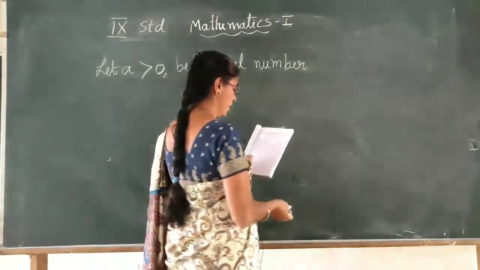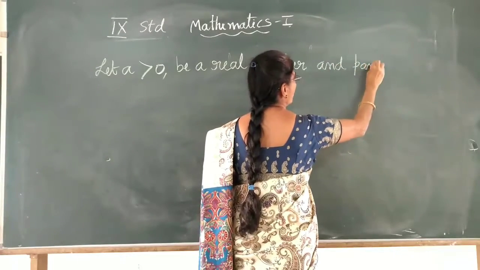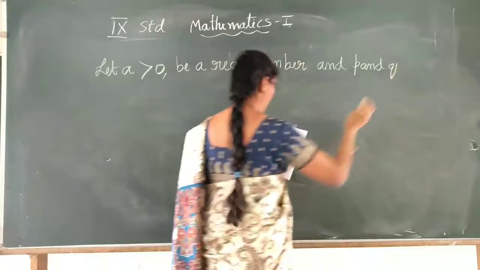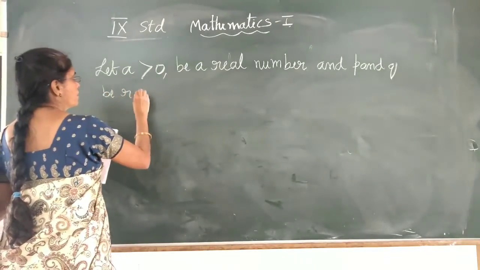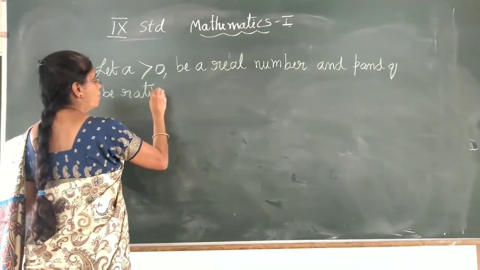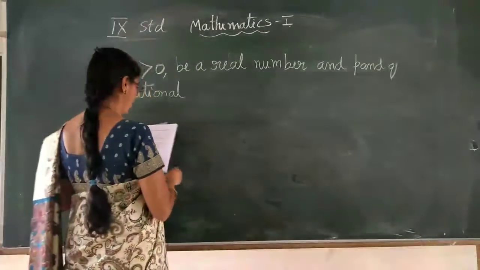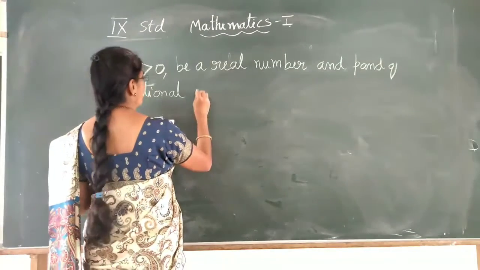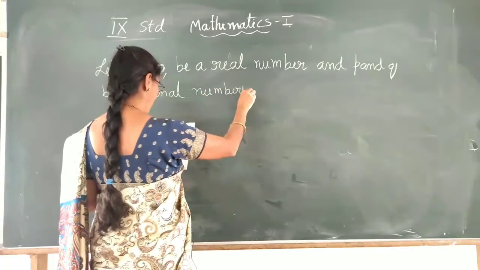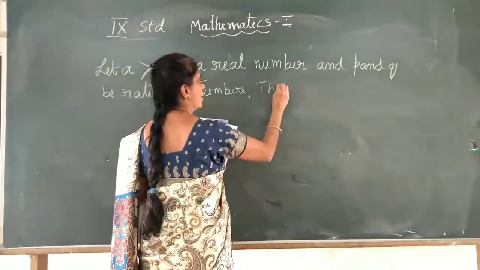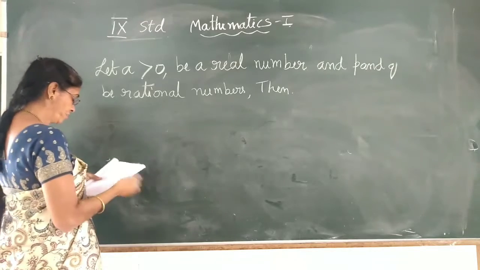And instead of m and n, now we have taken p and q, be rational numbers, because when the root numbers are there, it will be in the form of p by q, numerator and denominator in the exponential form. Then we can apply the same law here also.